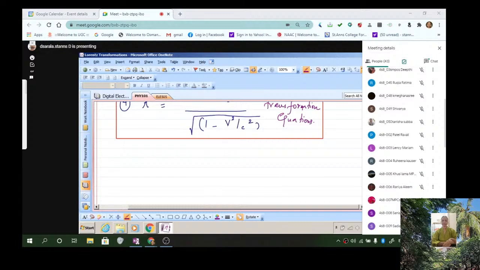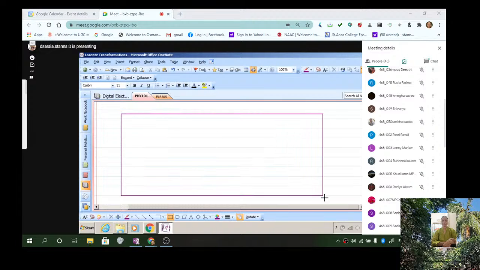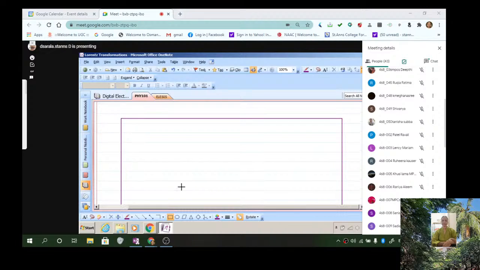So when these are Lorentz transformation equations, we also have what is known as Lorentz inverse transformations.